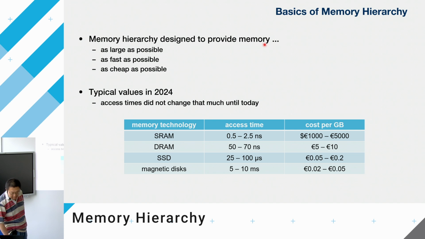If we want to spend some money to buy memory, the ideal situation is memory as cheap as possible, as fast as possible, and also as large as possible. But unfortunately, this is impossible, because you want lots of memory, you want it to be fast, you want it to be cheap.